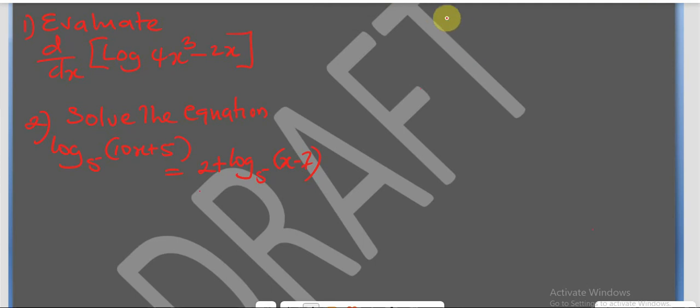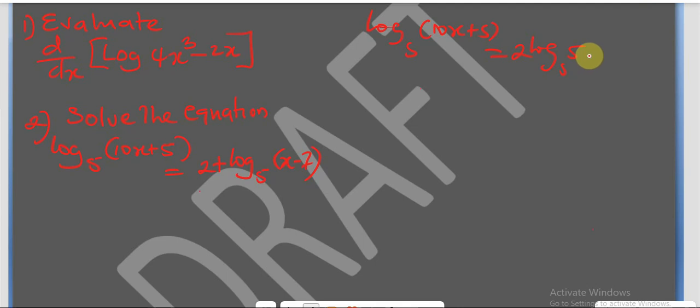For me to solve this equation, I'm going to write log base 5 of (10x plus 5) is equal to, remember that 2 is the same thing as 2 log 5 base 5. I'm introducing another log in base 5 because I know that log of any number in its own base is 1. 1 times 2 will still give me 2. So the goal is just to make all the numbers to be in log base 5.